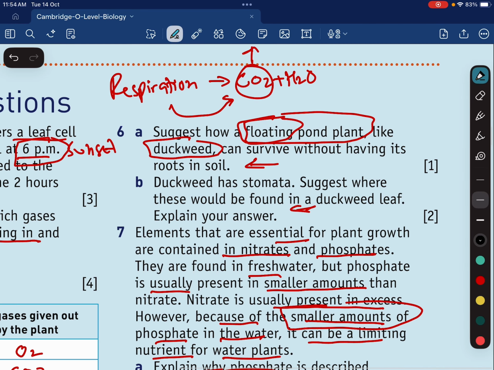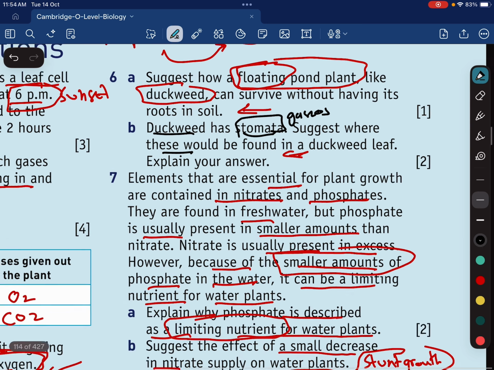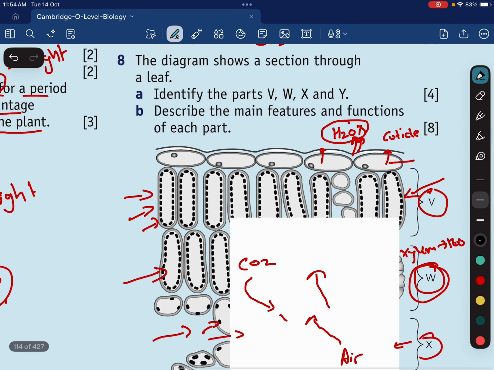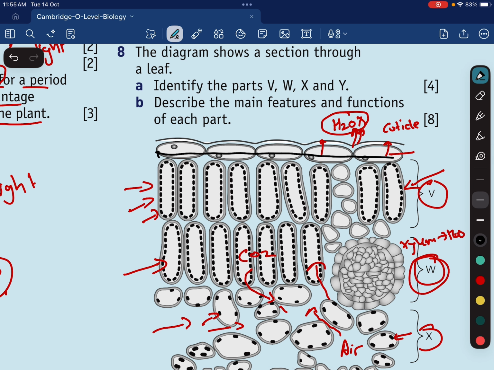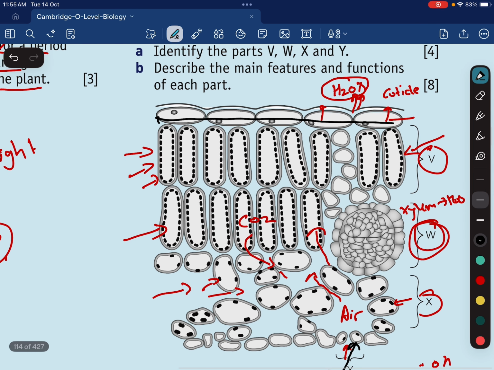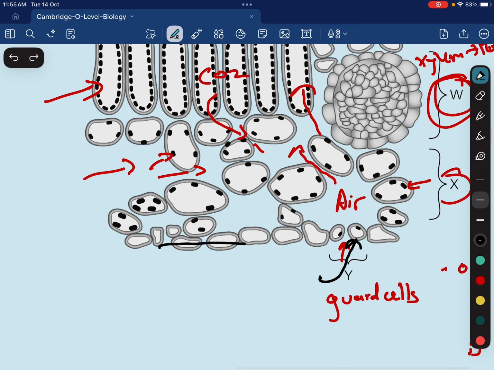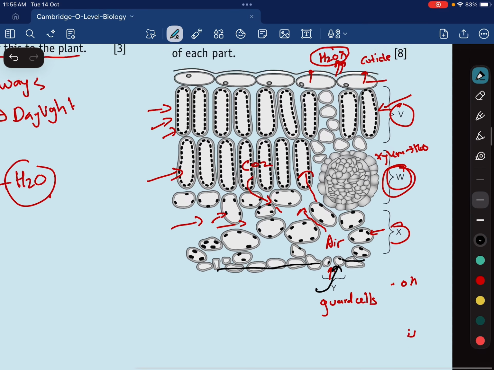So they asked, duckweed has stomata, so they do have stomata for gaseous exchange, right? Suggest where these would be found. It would be found on the upper part of the leaf, probably on the lining of the upper epidermis. As you can see here, this is the upper epidermis. There isn't any stomata present here in a normal leaf; in the lower epidermis, this is where the opening is present.